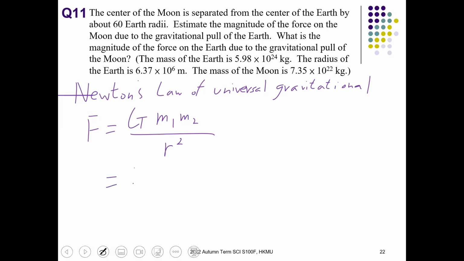For capital G, this is 6.67 times 10 to the power minus 11. This is G. For M1, M2, they're just the mass of the Earth and the mass of the Moon, respectively, which is given in the question.